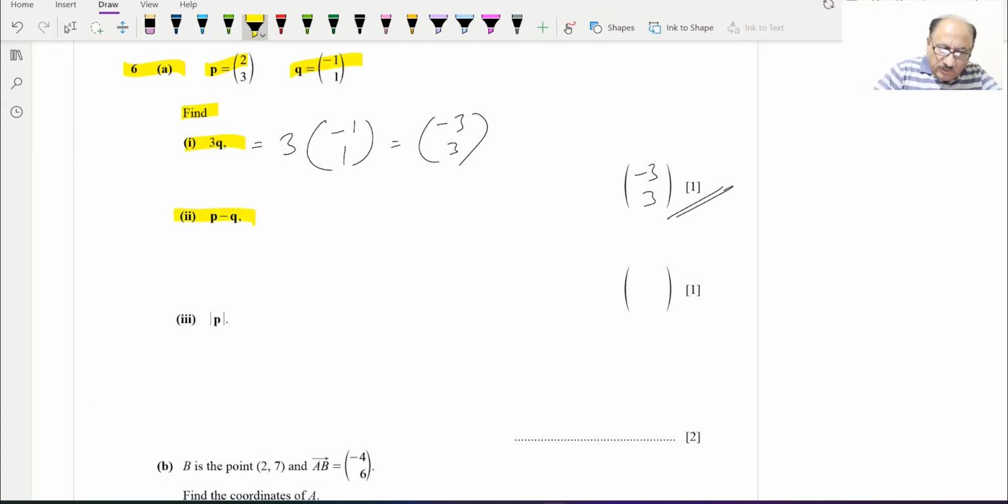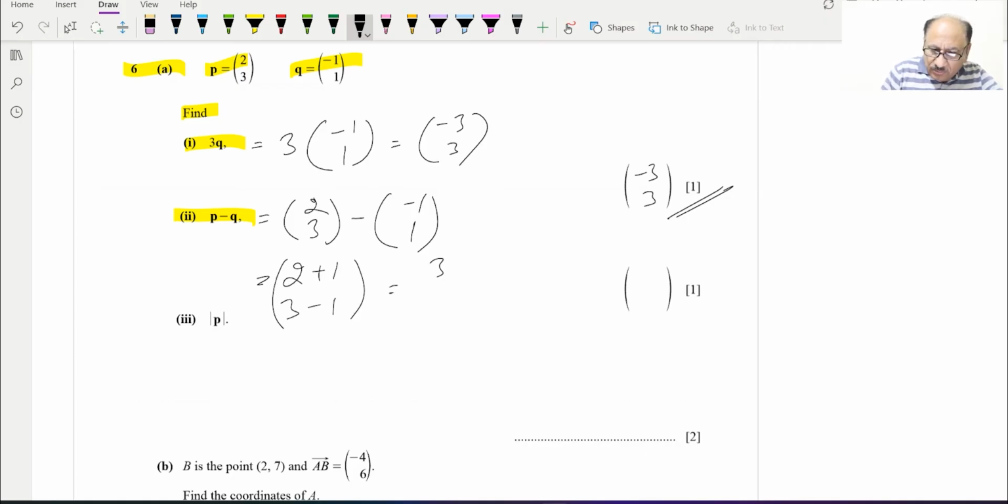Then we have to calculate P minus Q. P value is 2 and 3, and minus Q value is minus of minus 1 and 1, so we can write 2 plus 1 and 3 minus 1, and this will be equal to 3 and 2. This is also for 1 mark.